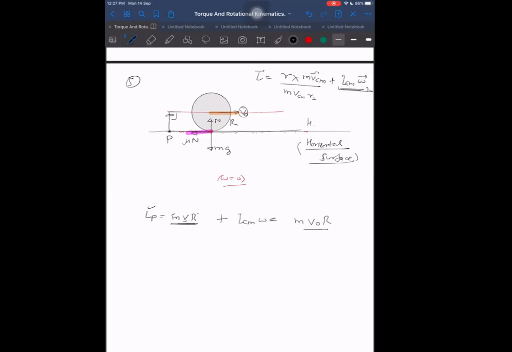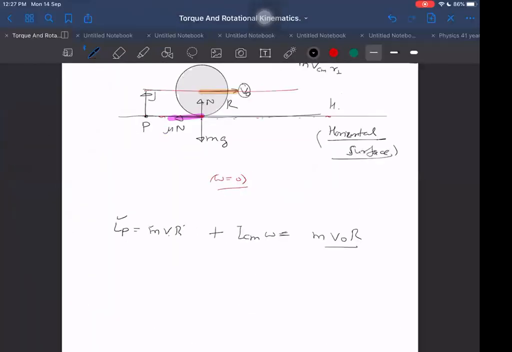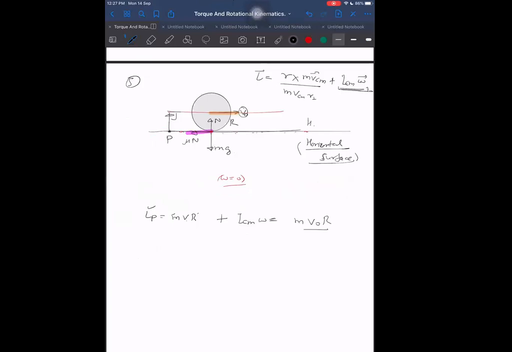So, sir, here we can say that friction is converting translational energy into rotational energy also. Rather than saying that, it will be better if you say that friction is converting one part of angular momentum into the other part of angular momentum. That I will prefer, because I know angular momentum is conserved. I did not say that kinetic energy is conserved.